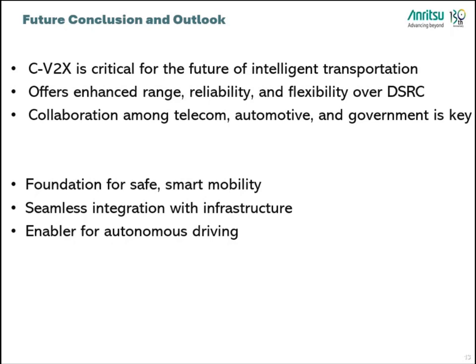And if you are looking at the future, it is autonomous driving. That is one key feature, along with safety of the vehicle and passengers, and smart mobility. And the key is that it should be seamlessly integrated with different technologies. So these are some of the key highlights of C-V2X.